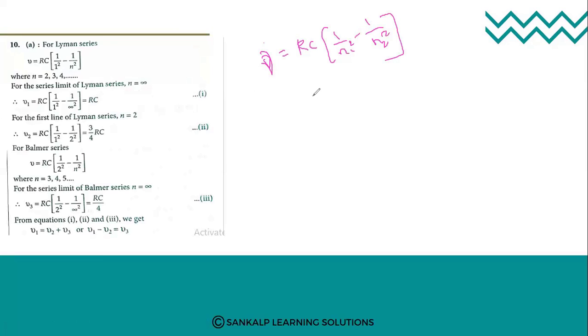Here, n1 will be 1 for the Lyman series, and n2 will start from 2.